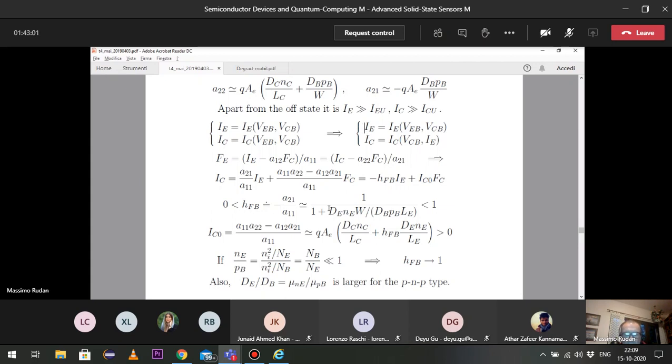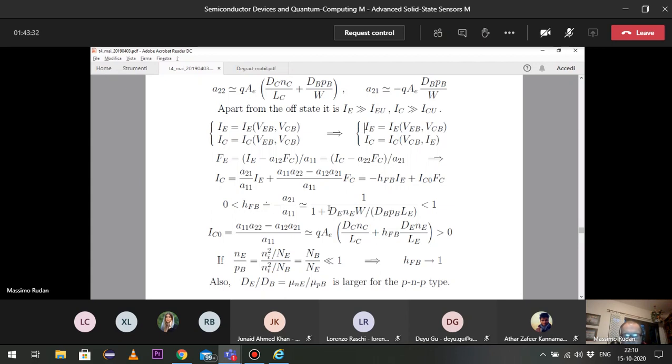What we want is that the collector current be as close as possible to the emitter current, which from the practical point of view means that when we bias the device in the normal mode of operation, the emitter junction is forward biased, so we inject a lot of current into it.